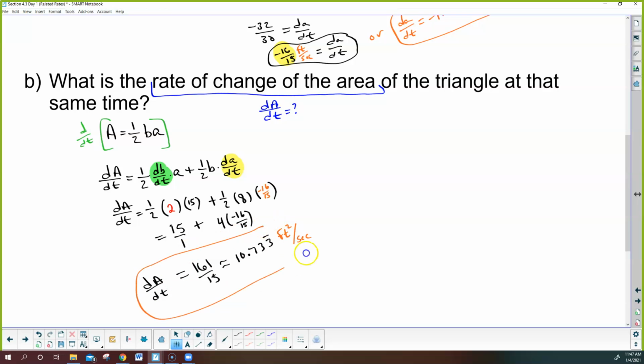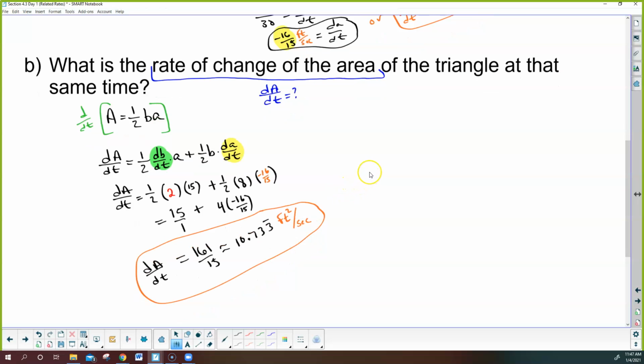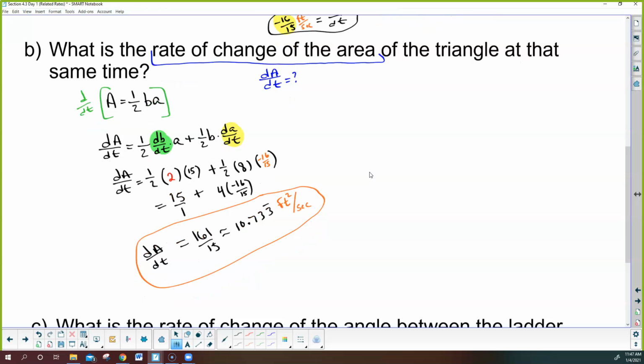And time was always in seconds. All right, so notice the process. We discovered what equation we needed. We took the derivative to find the rates, and then we plugged in everything we knew and we solved for whatever was left over. That's basically the process we're going to do.